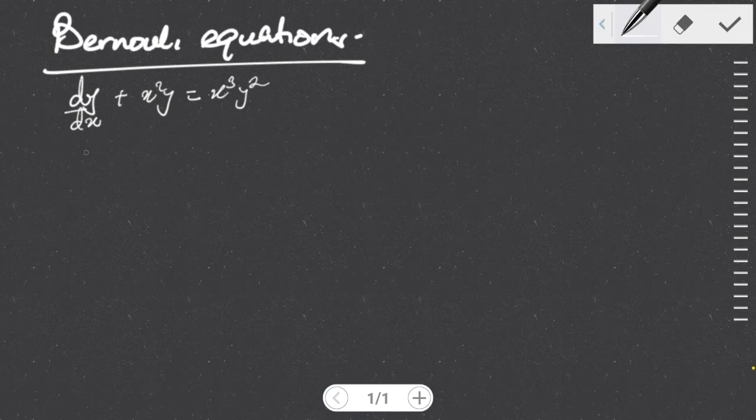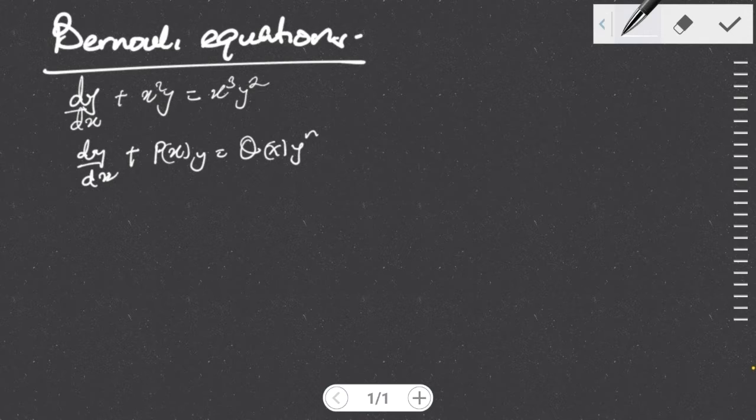Its standard form is dy/dx plus p(x) y equals q(x) y to the power n. So this is the standard form of a Bernoulli equation.